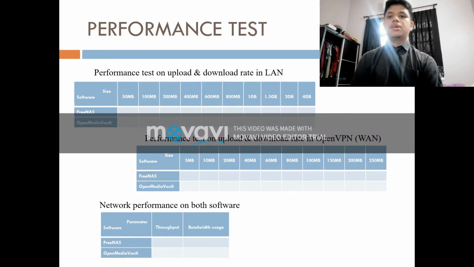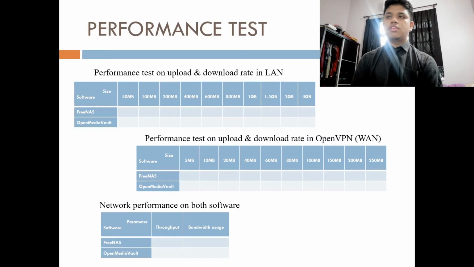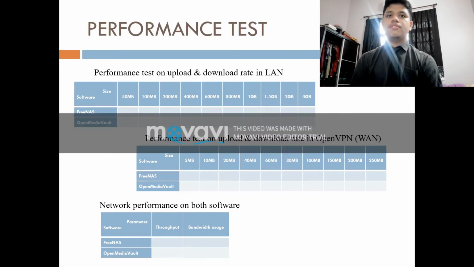First is upload and download rate in LAN. Second is upload and download rate in OpenVPN. And third is backup and restore rate. Additionally, network performance is also measured on both software.